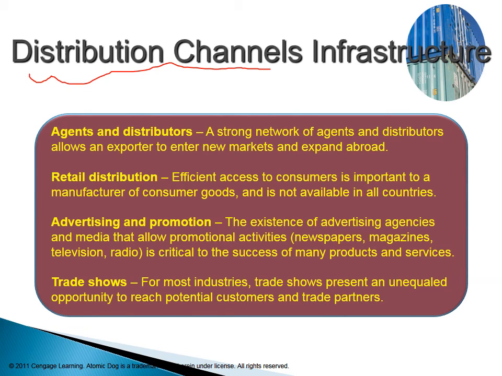Say a distribution channel for tires, or for gasoline or petroleum, whatever they use there. So they rely on the existing distribution channel. If that is there, they can work much faster. They can use the existing channel to sell their product.